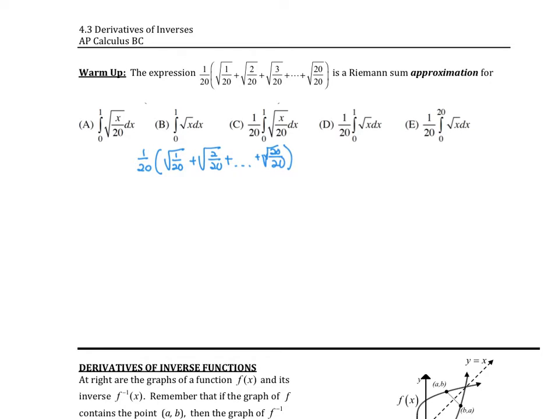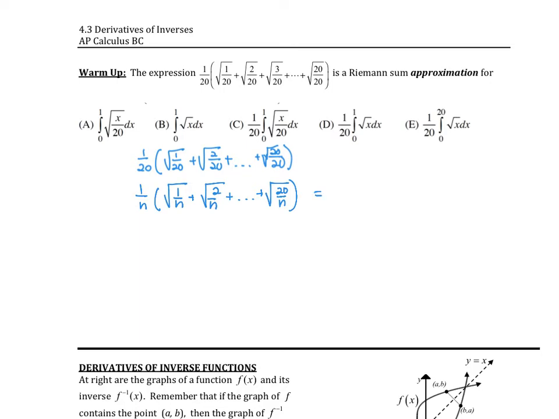Maybe we see this as 1 over n, and the square root of 1 over n, and the square root of 2 over n, because we see that being a pattern. So maybe that does clue us in as to our formula just a little bit, looking at it this way.